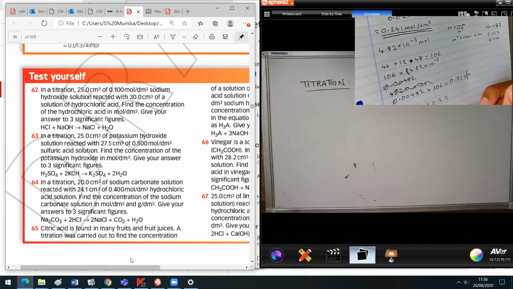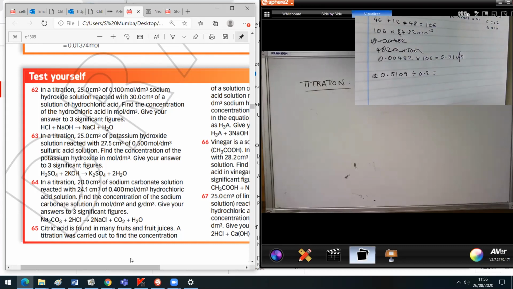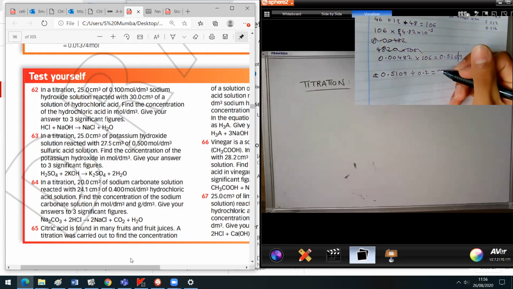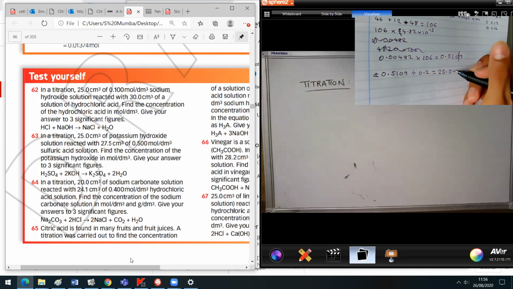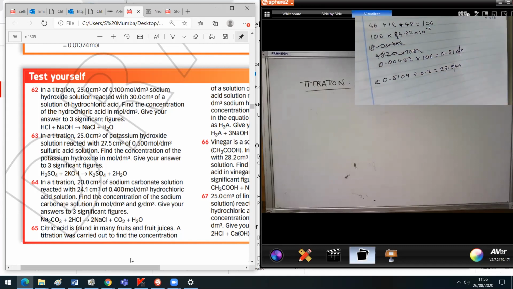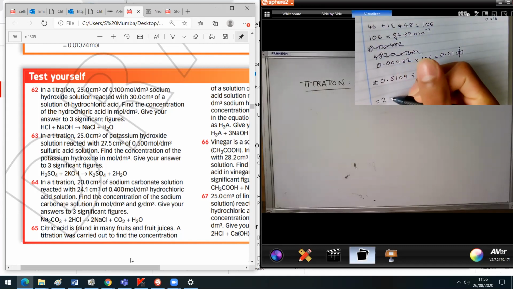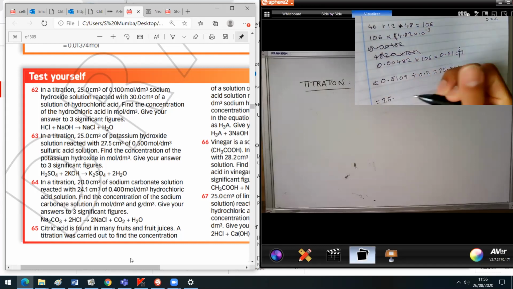Yeah, 0.02, sorry. That gives 25.546, and then to 3 sig figs, it's 25.5 grams per decimeter cubed.